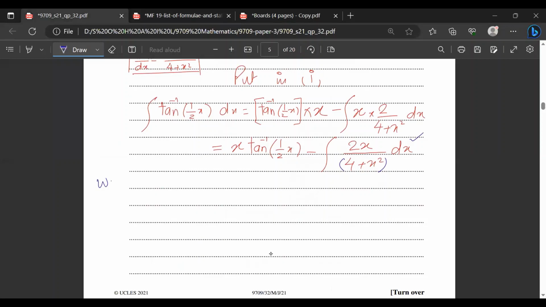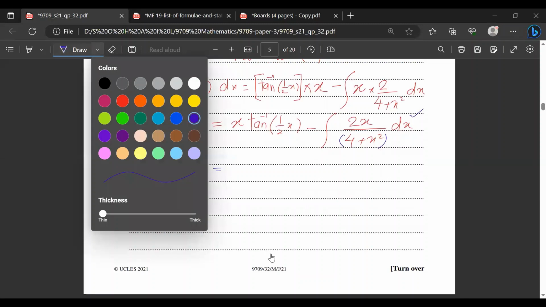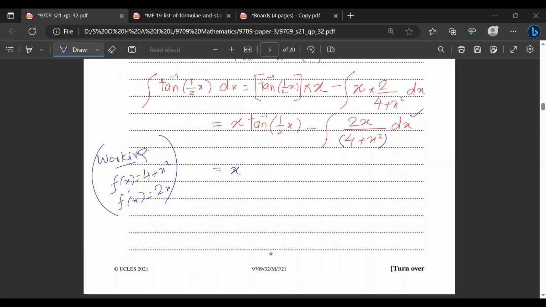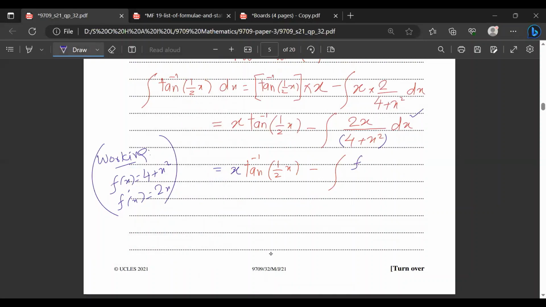So let us write the working here. This is the working for the second part. If you take f of x as 4 plus x square, what is f dash of x? It is 2x. So for your understanding, we have x tan inverse of half x, the first term. You can do it directly, or write it using f dash over f dx.